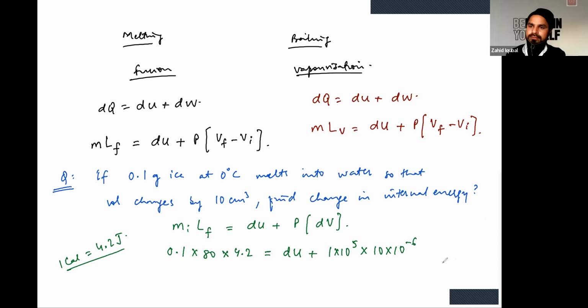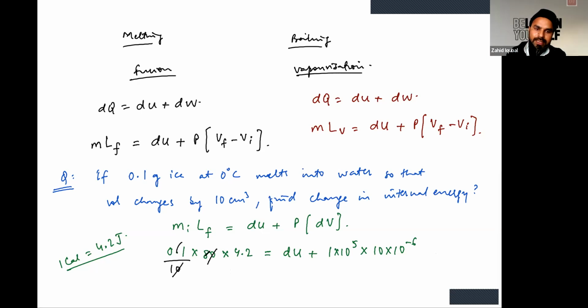Yes, Harsh. So what's the answer? I think it will be 32 point something, because I'm getting 31.8. Okay, let me just solve it. If you remove this decimal, then it will be 10, and the zeros will cancel out.